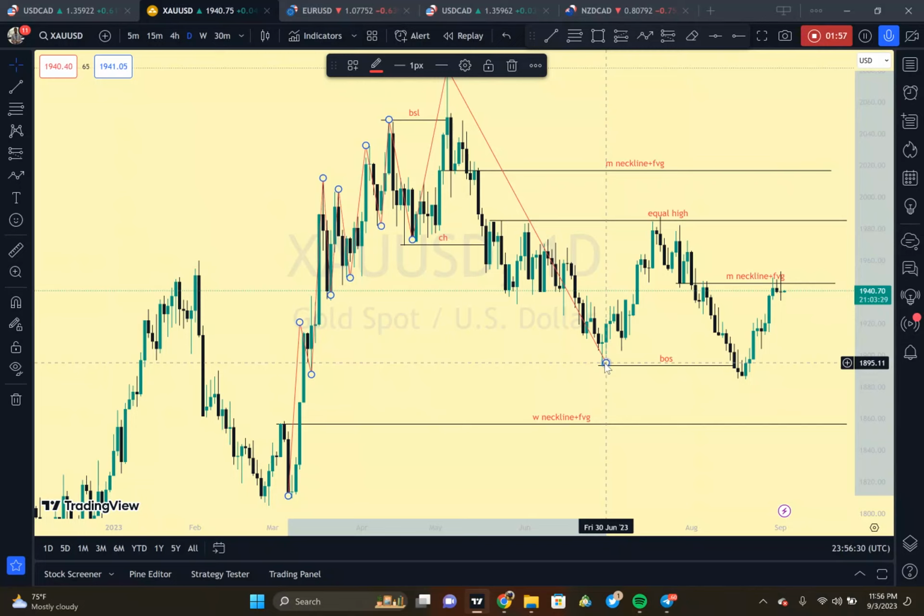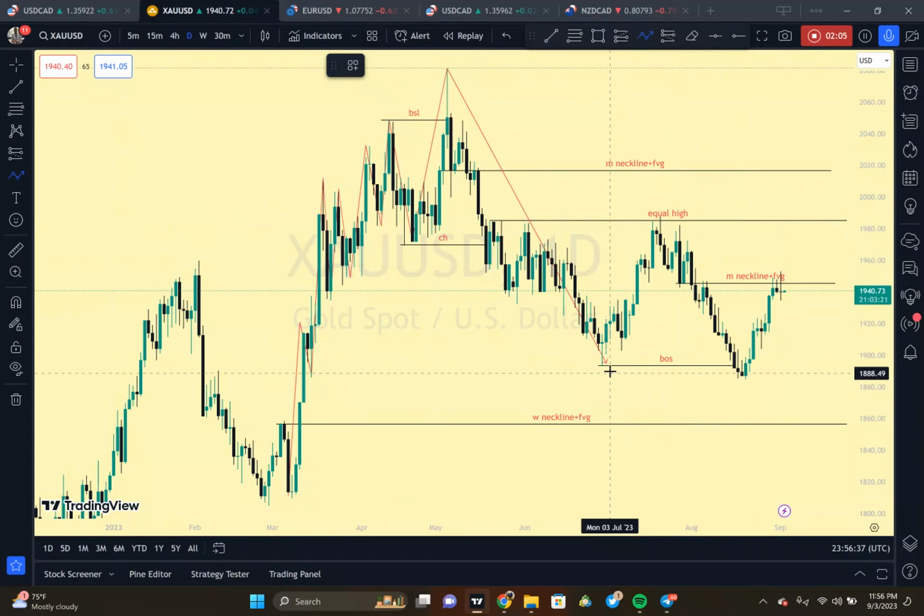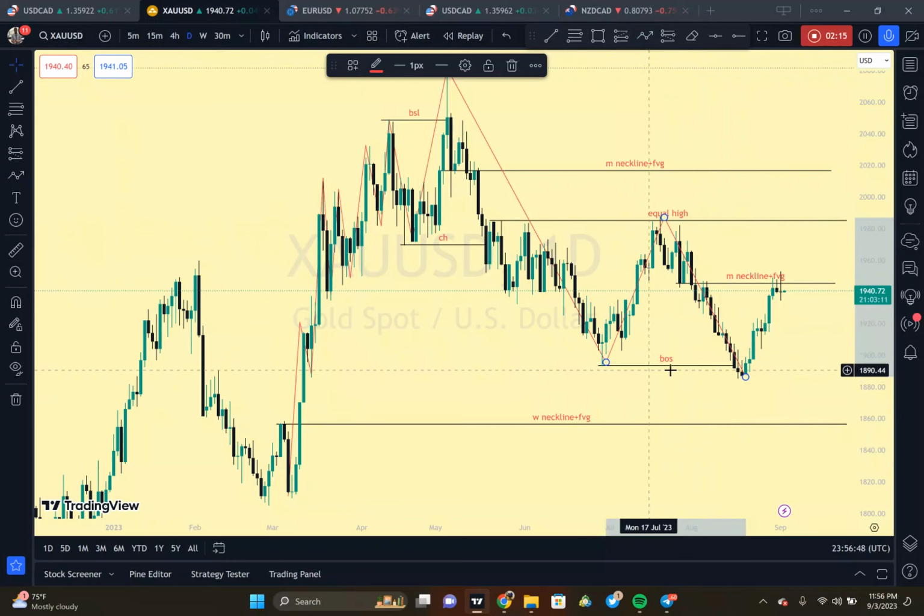And after price melting to that area, price made a retracement to this particular price point and also melted down. And after price traded to this particular area, price also made a retracement to this particular price point and did what? And broke this particular low once again here.